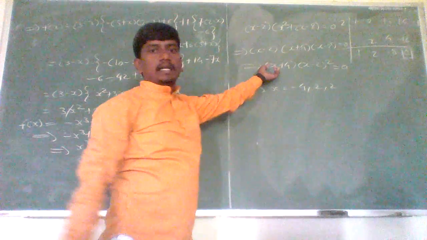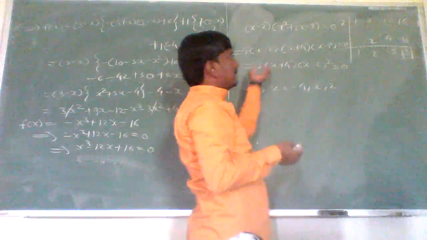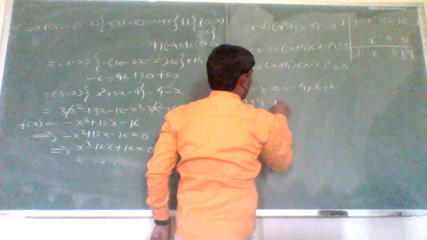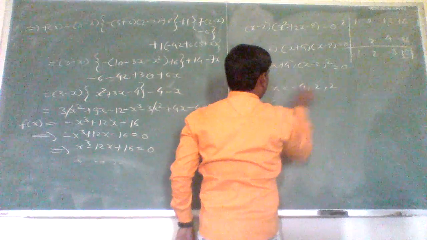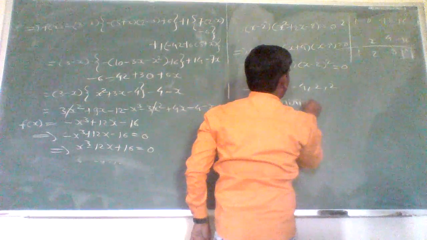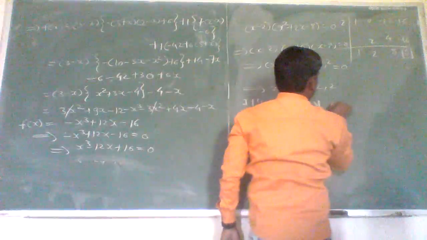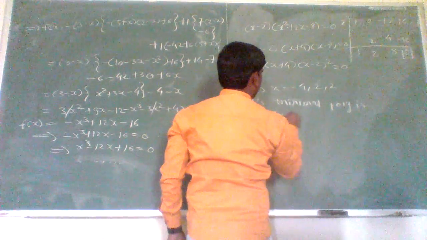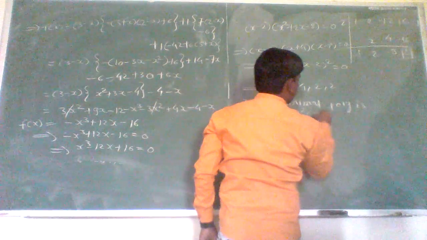Now, this one is the characteristic equation. Then its minimal polynomial is given. If we find its minimal polynomial, it is the same as its characteristic polynomial: (x minus 2) square into (x plus 4).